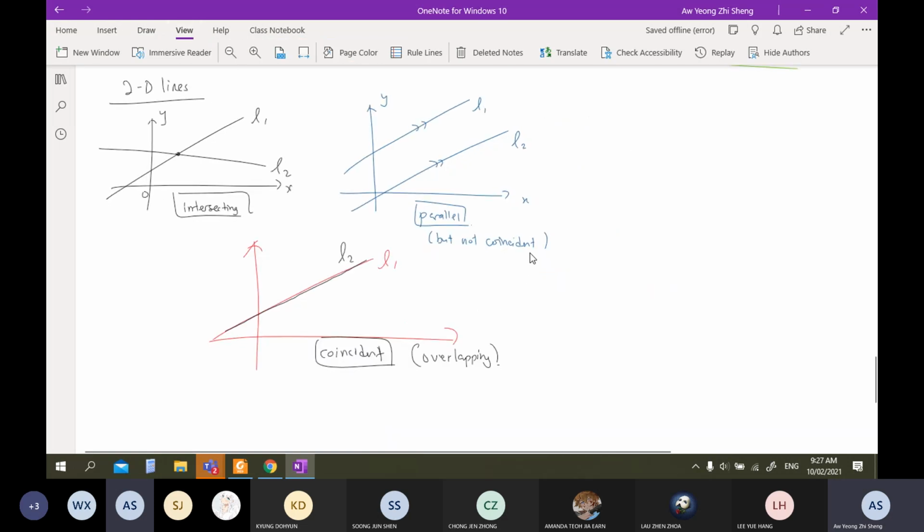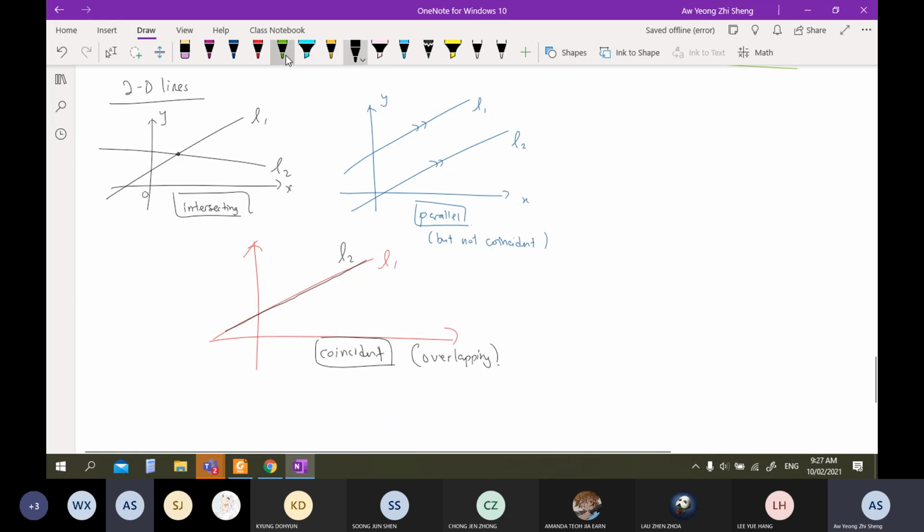Now for 3D lines, not only do we still have these three possibilities, but there is a fourth possibility, which is skew lines. You can imagine in a three-dimensional space, it is possible for two lines to never intersect, even though they are not parallel. In 2D, whenever two lines are not parallel, they are guaranteed to intersect as long as you extend them long enough.